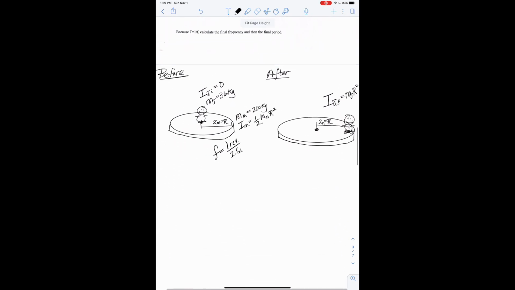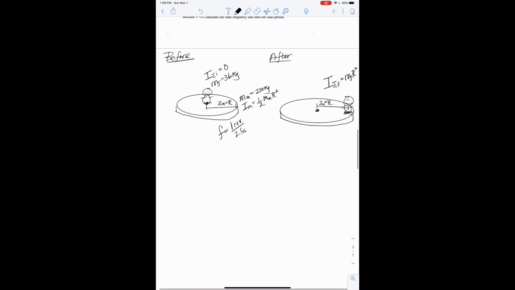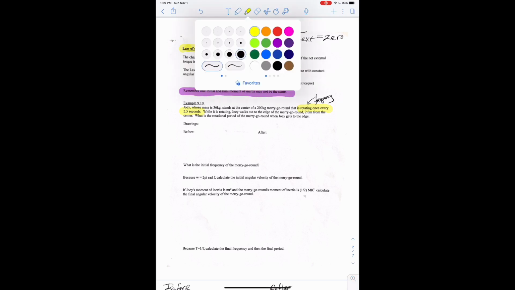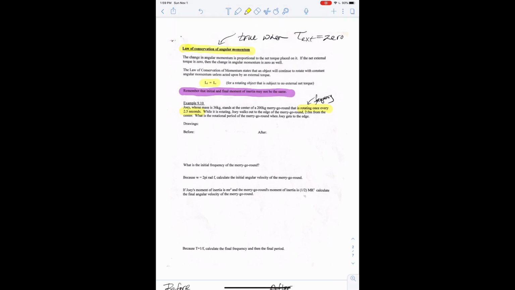So what we need, right, is we want to use our angular momentum conservation formula. But I just want to highlight again what they're asking us. So they want us to find the rotational period of the merry-go-round when Joey gets to the edge.